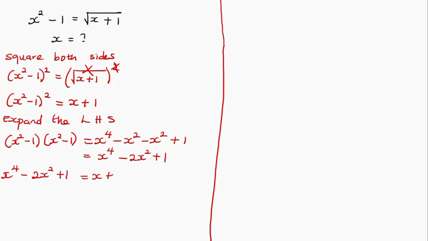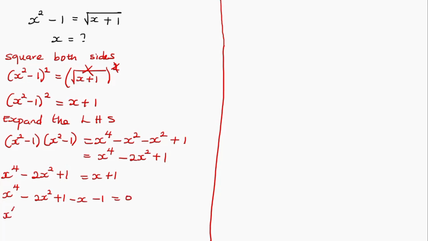So right here we have that x raised to the power of 4 minus 2x squared plus 1 is equal to x plus 1. Alright, so we simply just need to rearrange the equation and set it to 0. That is, moving all the terms to one side and setting it to 0. So this means that we have x raised to the power of 4 minus 2x squared plus 1, now moving the other side, minus x minus 1 is equal to 0. So let's simply simplify this.